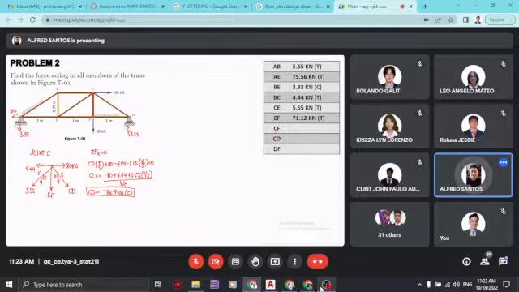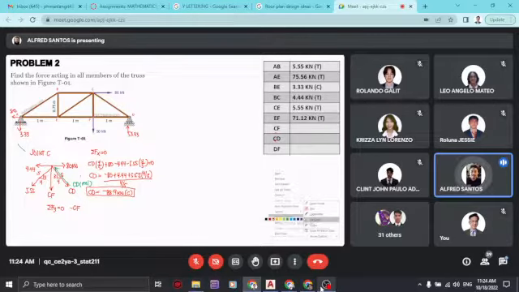Okay, and your CF is summation Fy is equal to 0. So CD, tama na natin yung direction niya, no? Since compression yung lumabas. So meaning, ito yung real CD. Okay?